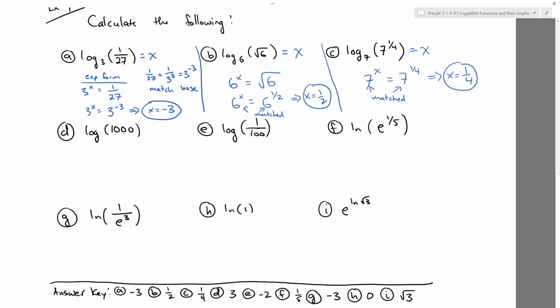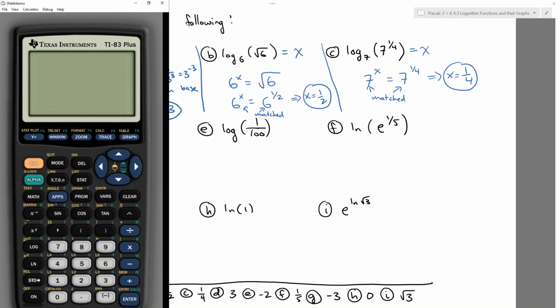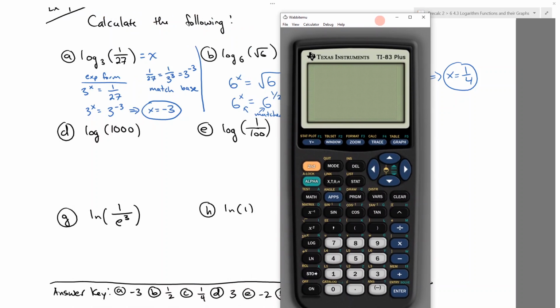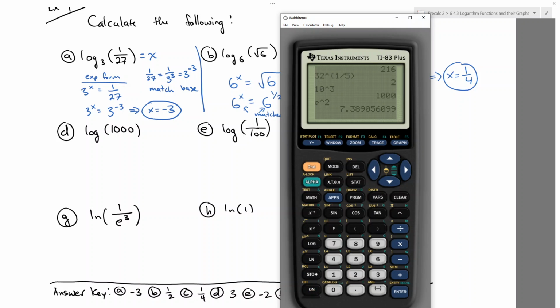In the next few examples, we have the common logarithm and the natural logarithm, and these are available on the calculator. For these, if you want, you can just enter everything into the calculator. Right, so for example, this is the common logarithm of 1000. Well, the common logarithm is this operation here. So we just enter in common logarithm of 1000. And what do we get? It's equal to 3.